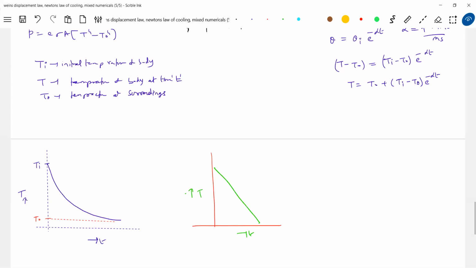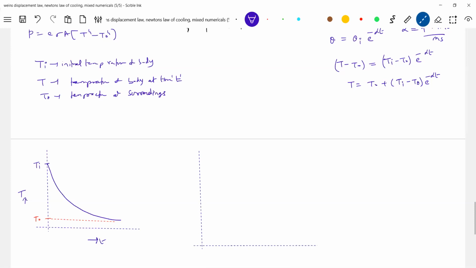So how to interpret this graph? What you do is take two equal intervals of time, with the curve like this.